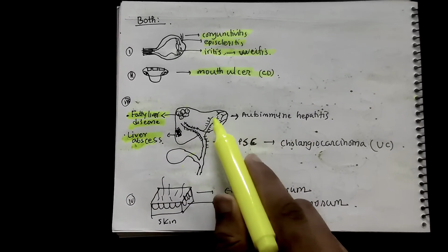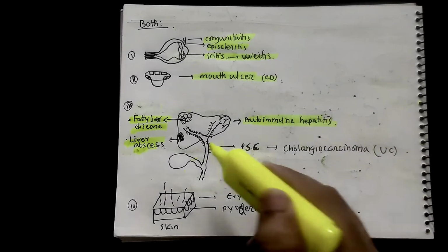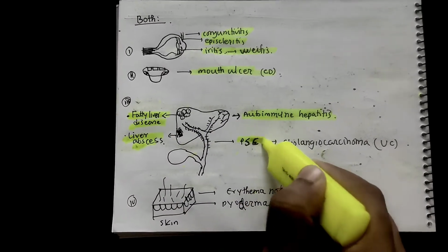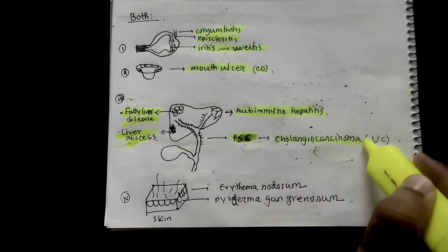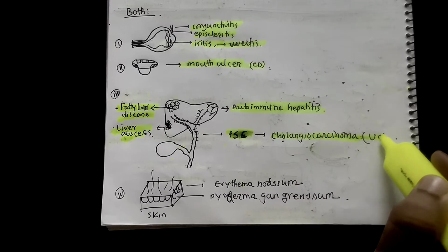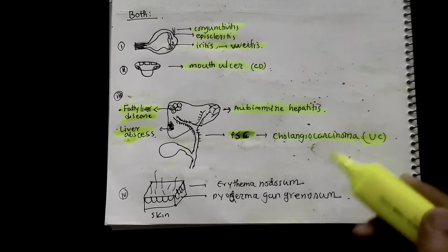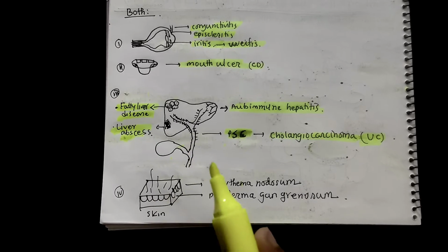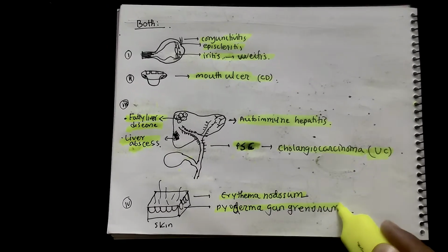And autoimmune hepatitis also occurs. And when there is inflammation along the duct, it causes primary sclerosing cholangitis, which then leads to cholangiocarcinoma if long standing, and it is the main feature of ulcerative colitis. It occurs in ulcerative colitis. And in the skin, both ulcerative colitis and Crohn's disease cause erythema nodosum and pyoderma gangrenosum.